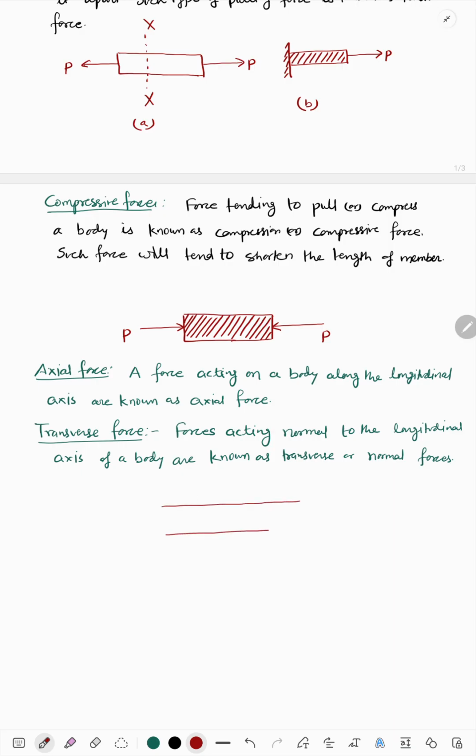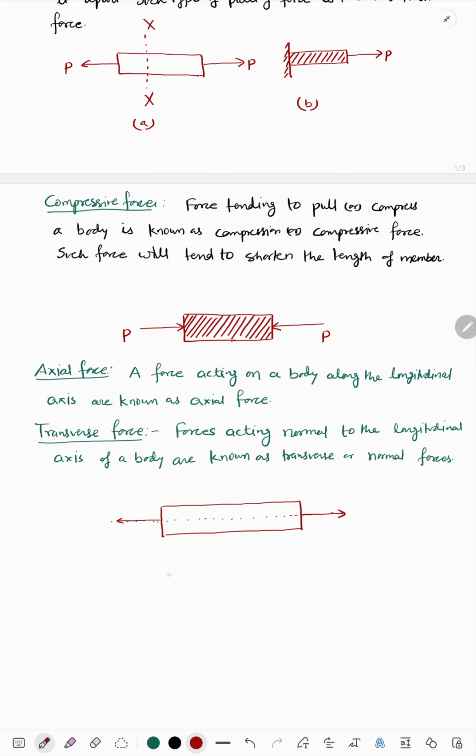Let us see with the help of diagrams. This is a solid member, and this is the longitudinal axis. A force is going to act along the longitudinal axis.